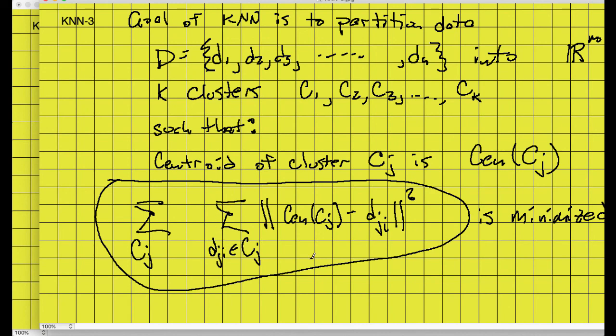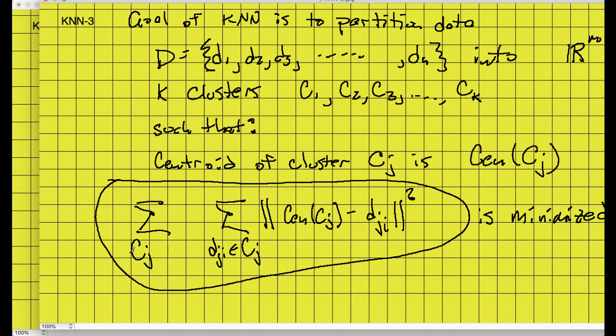This is the summation within any one particular cluster, and this summation over here sums it up over all the clusters. I want to form these clusters in such a way that this whole thing is minimized. I'm going to describe the algorithm to you now.